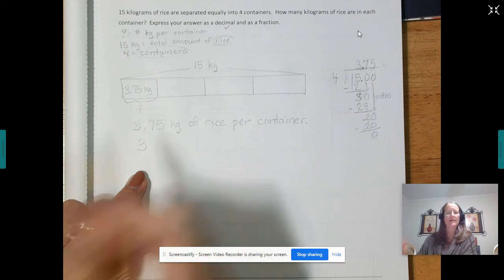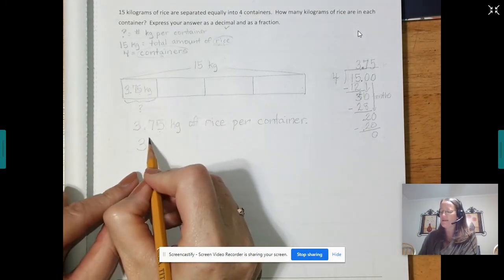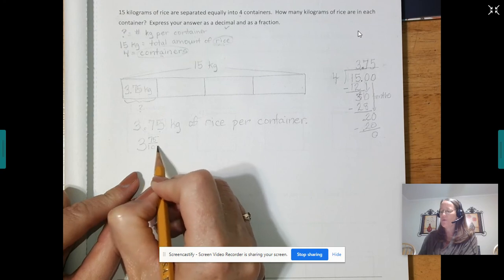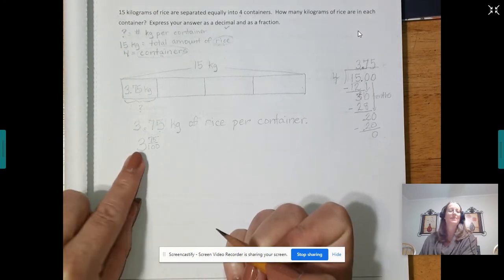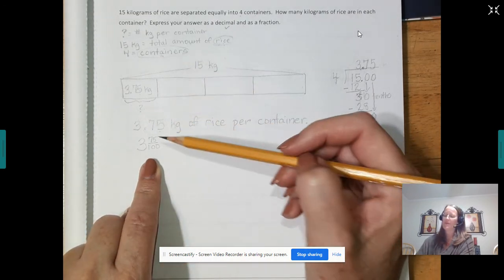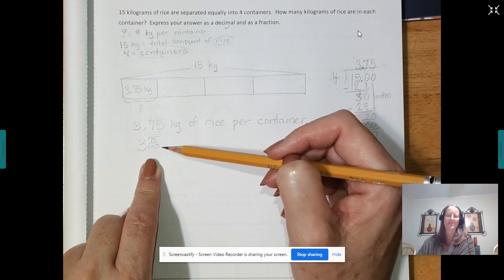Listen to it again, 75 hundredths. We simply write that 75 out of or over 100. I have written this same number as a decimal and as a fraction.